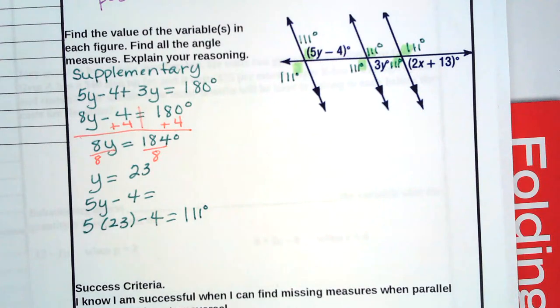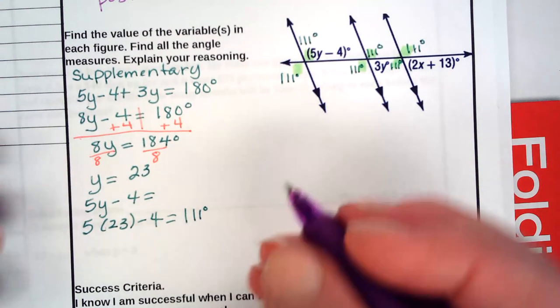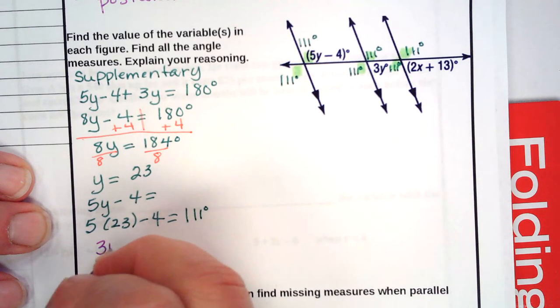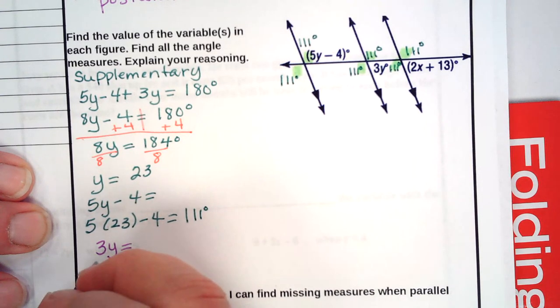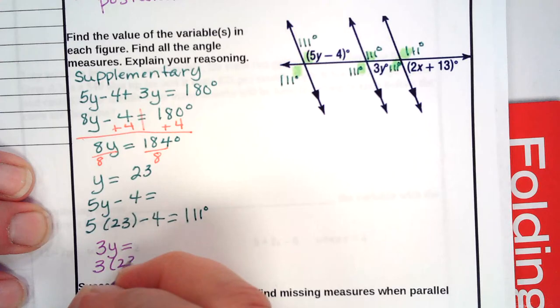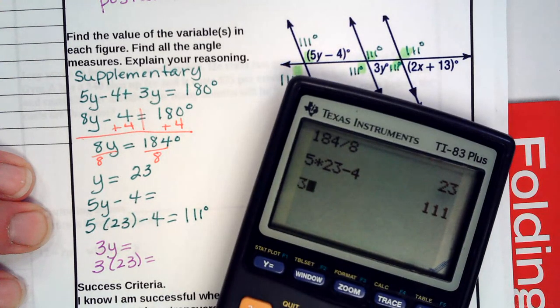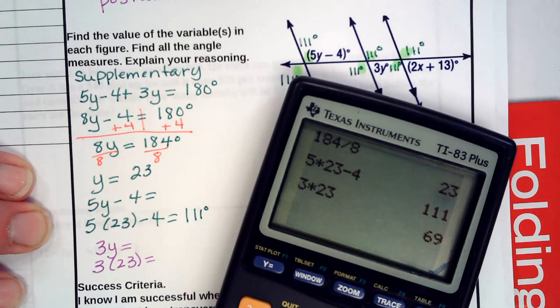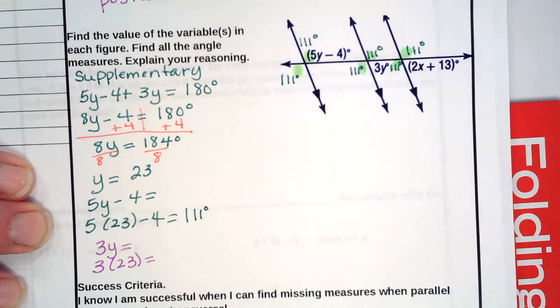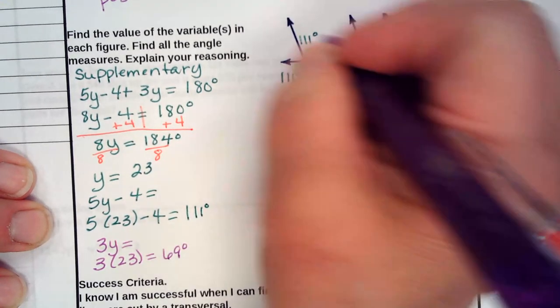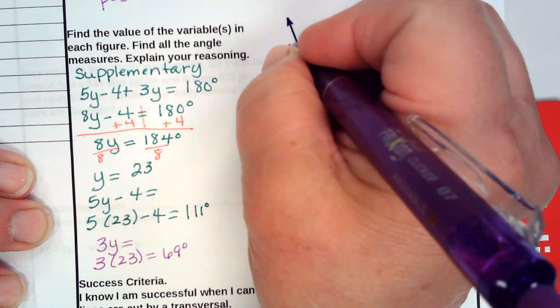Okay, now I want to find the rest of them. I know that the rest are 3y, which means 3 times 23. 3 times 23 is 69. So everything else is 69 degrees.